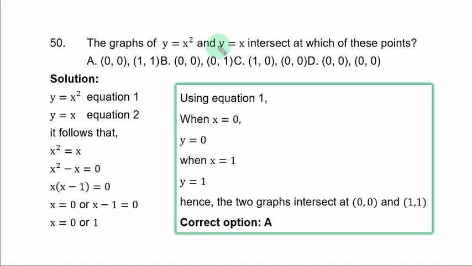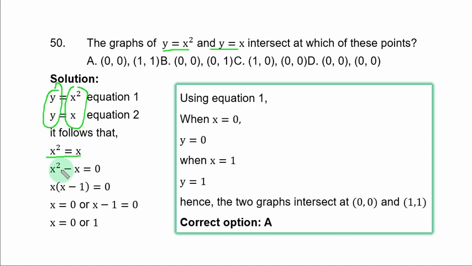Question 50. The graphs of y equal to s squared and y equal to s intersect at which of these points? Of course, we have two equations here, quadratic and linear, and it follows that the left hand side is equal to y. By that, it means that the right hand side are also equal, that is s squared equal to s.